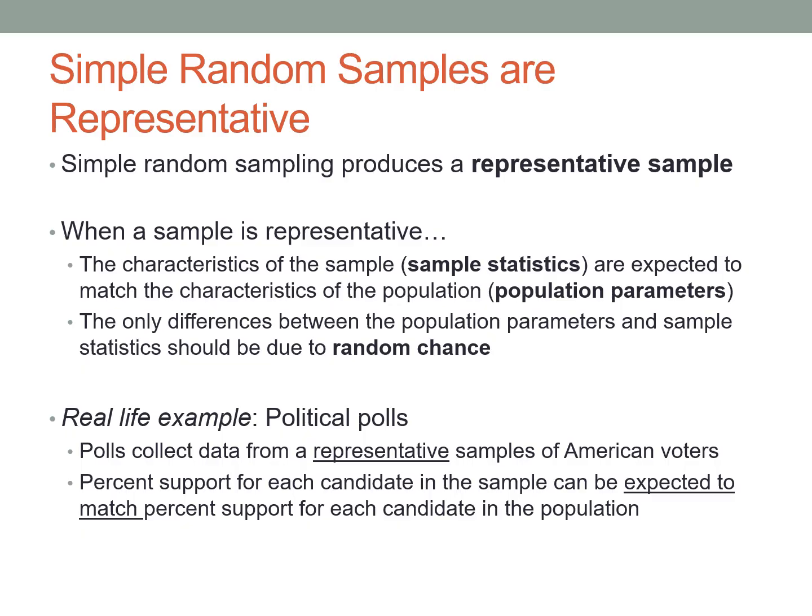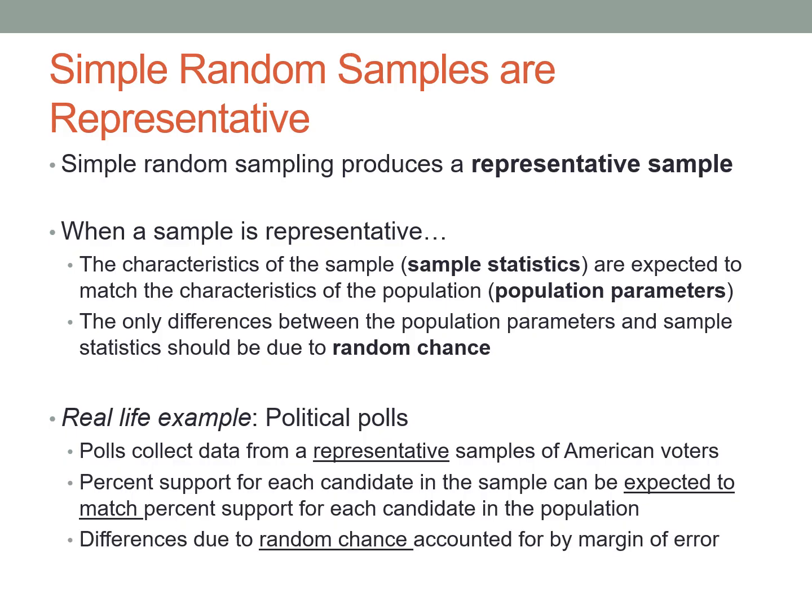And when we look at political polls, for example, if we're considering percent support for one candidate or another, the representativeness of these samples allows us to assume that whatever percent support we see within the sample for a particular candidate reflects the percent support in the population. In other words, the sample statistics, such as the proportion of people who support a certain candidate, can be expected to match the population parameters, aka the percent of people in the population who would be expected to support that candidate.